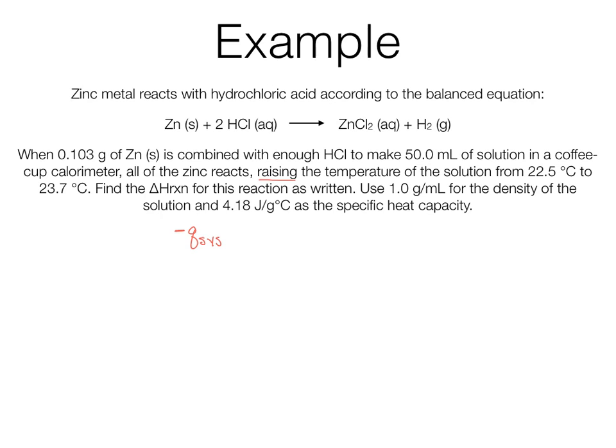So negative Q of the system is equal to a positive Q of the surroundings. And so I can write this as negative Q of the reaction is equal to Q of the solution. And Q of the solution is equal to the mass of the solution times the specific heat of the solution times the change in temperature of the solution.